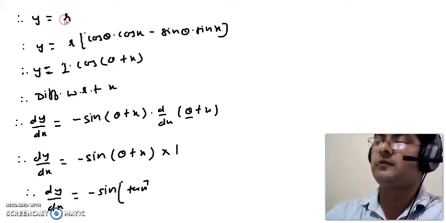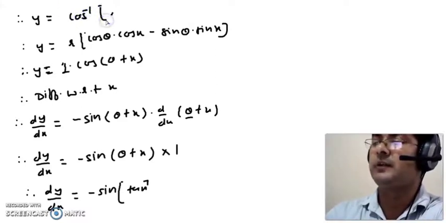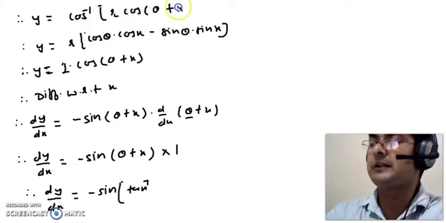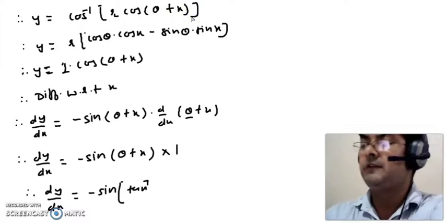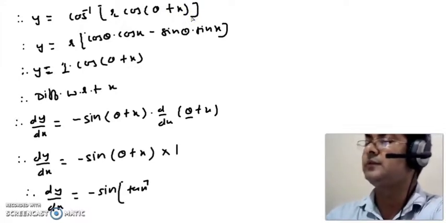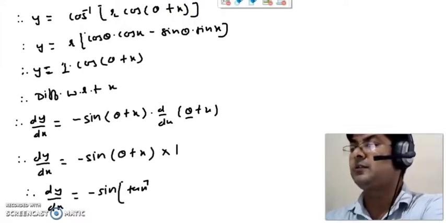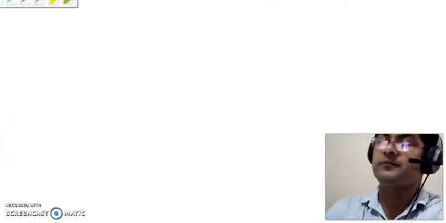Okay, we have cos inverse into bracket r cos theta plus x, yes or no? And value of r is 1. So, or let us write down the whole page once again, no problem.